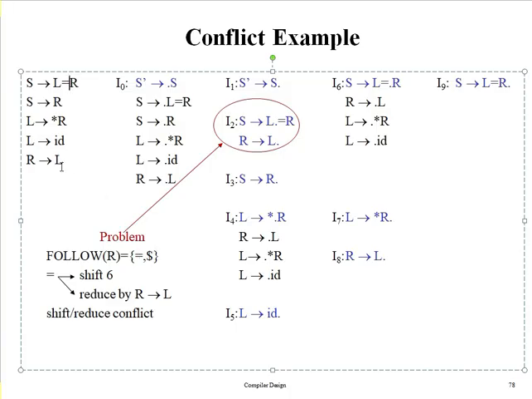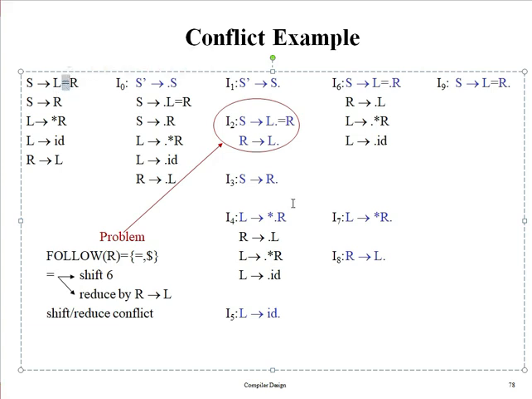Follow of R is equal sign and dollar sign, because follow of R includes follow of S, and follow of S is dollar sign, as it is the starting symbol of the grammar. And follow of R also includes follow of L, and follow of L is equal sign.